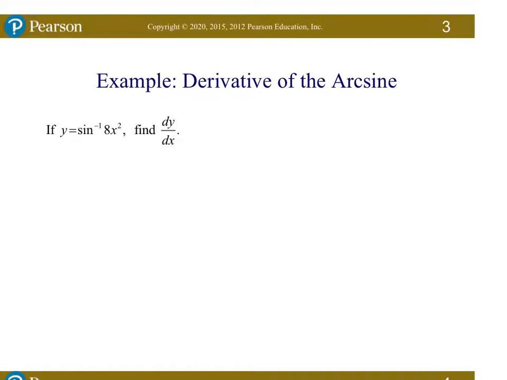So that's the derivative of the arc sine. Just a quick practice on that. Assuming here that 8x squared will always stay between 1 and negative 1, dividing everything by 8 would give you negative 1/8 less than x squared.